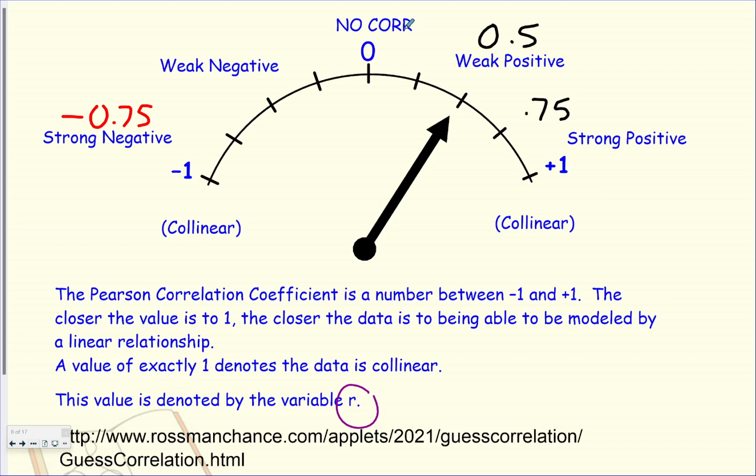Because here we're going to focus on linear, we can say that for R, if you get a value of 1, it means the data is exactly collinear. The points sit exactly on the line. Guess how often that happens in real life? Yeah, it doesn't, unless you make it happen, right? Because data varies. That's the whole point. If you have a correlation of 100%, it means that there's no other variables that are causing variation. Then that's just silly.